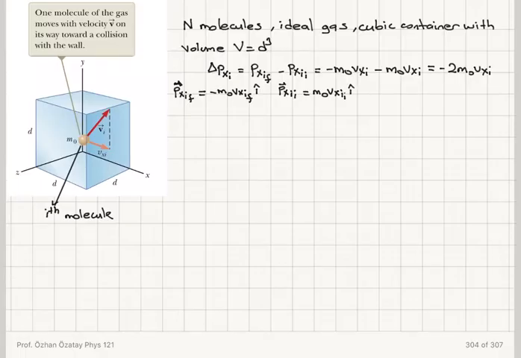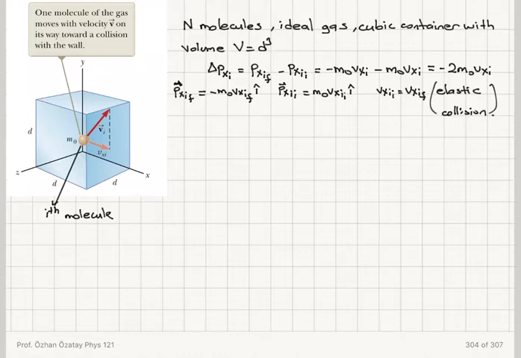So the initial and final speeds are equal, v_xi initial equals v_xi final, because we have an elastic collision, kinetic energy conservation. So we will have the momentum change minus 2 m0 v_xi.